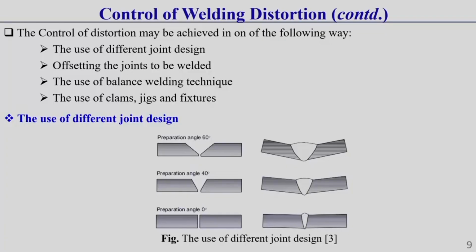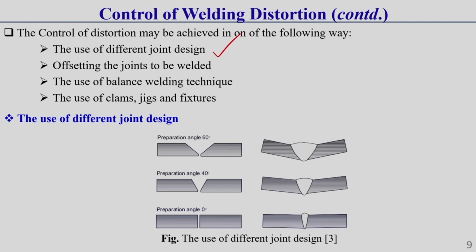Now here I am going to show control of distortion by different types of practical techniques. Control of distortion may be achieved in one of the following ways: the use of different types of joint design can control the distortion, how, that I will discuss in a subsequent slide in detail. Then offsetting the joint to be welded also has an effect on controlling the distortion.